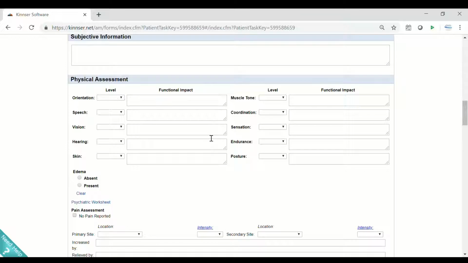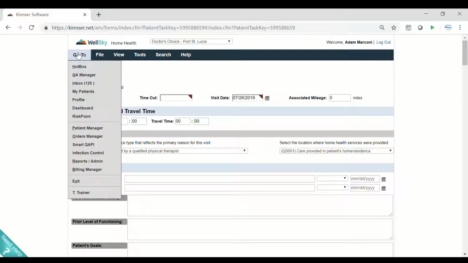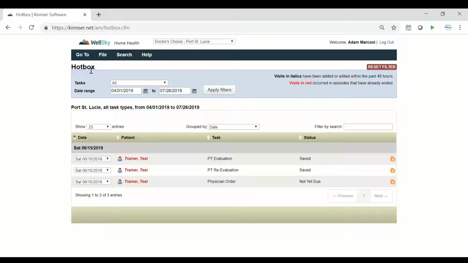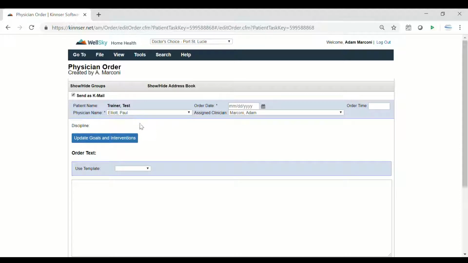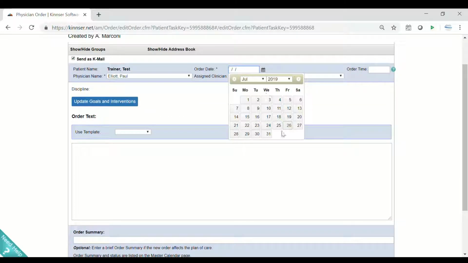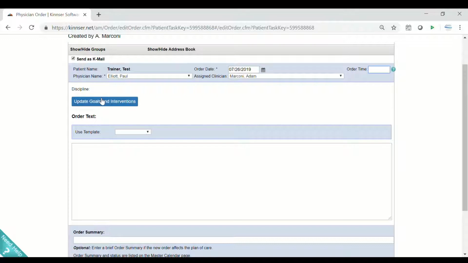The last thing we're going to take a look at is, let's say you're not doing a reevaluation or an eval. Maybe it's not time to do the reeval, but you're writing a modification order of some sort. Once you click into this order, you have to fill in certain information to proceed. And if I want to, here I could simply write something like that.